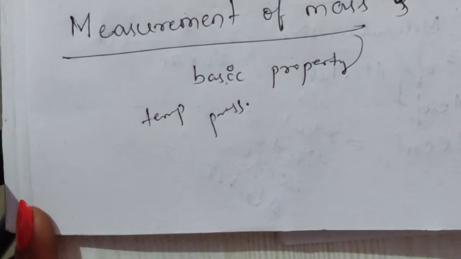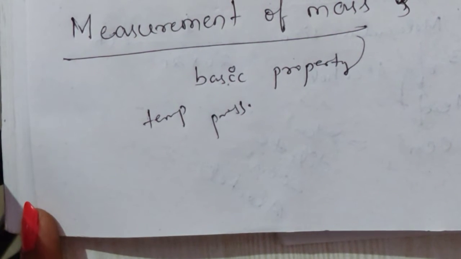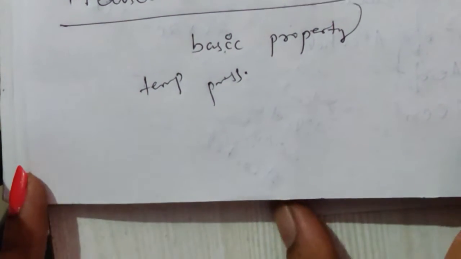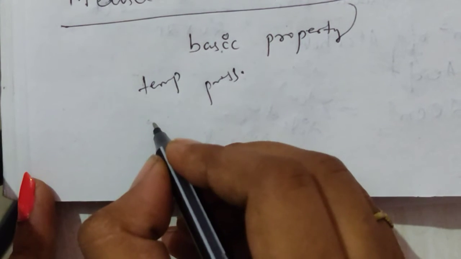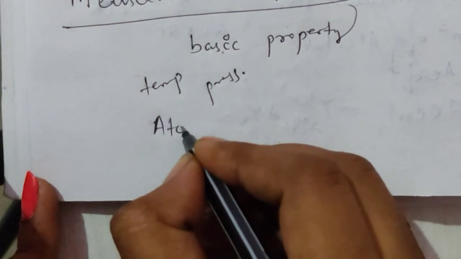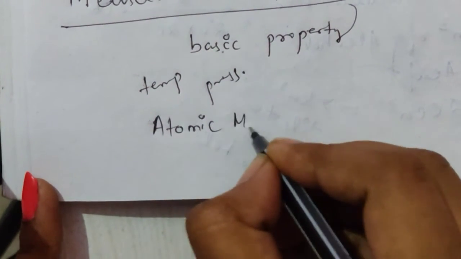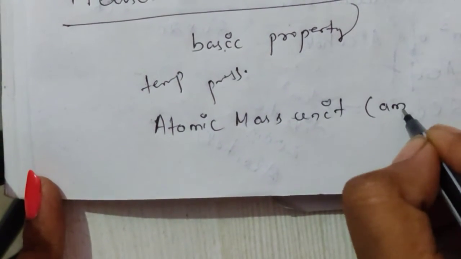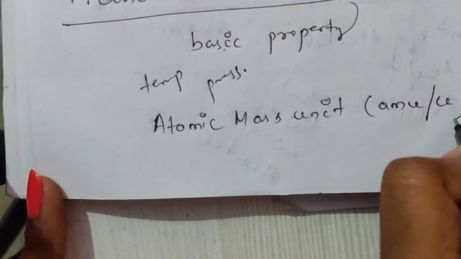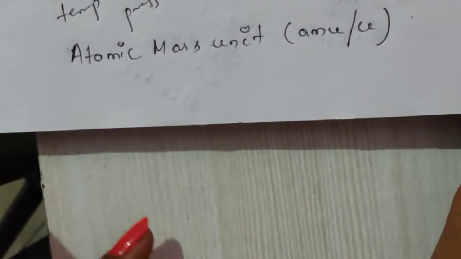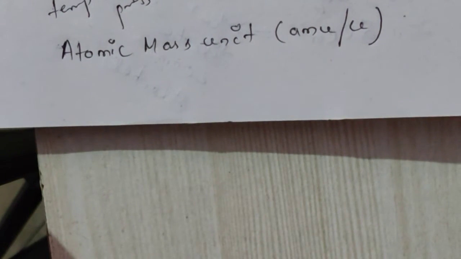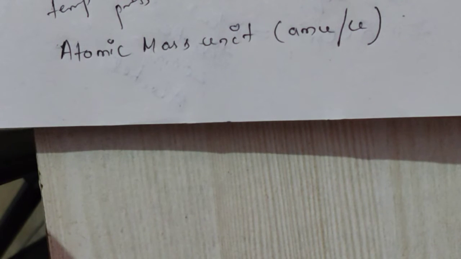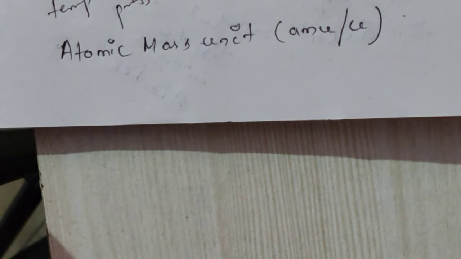So for measurement of mass of atoms or molecules, another unit is used, which is known as atomic mass unit. You can write it as AMU or simply u.